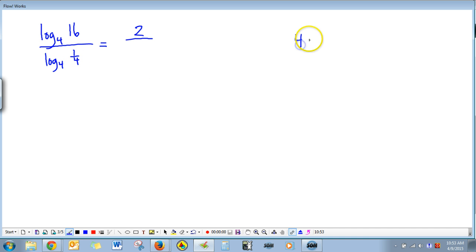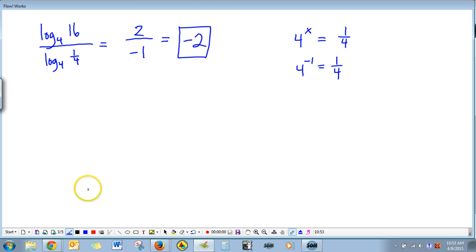That one might not seem as obvious. Well, that's the reciprocal, right? So that's 4 to the negative 1 power equals 1/4. So this log is negative 1. So this whole expression is equal to 2 over negative 1, which is negative 2. Ding!